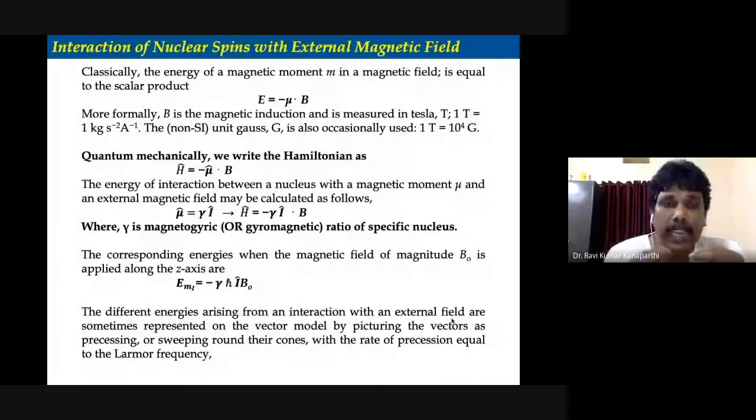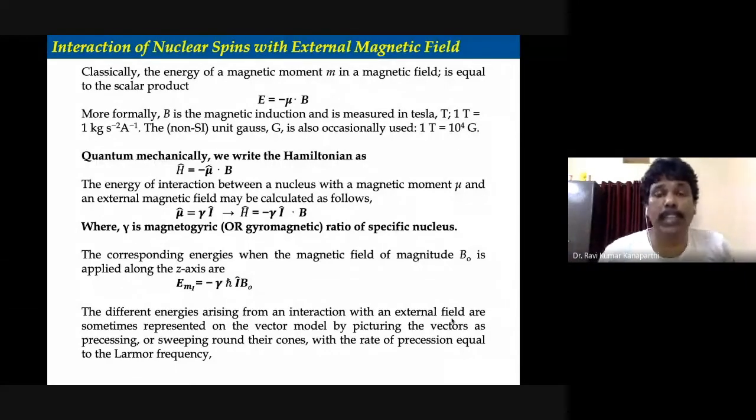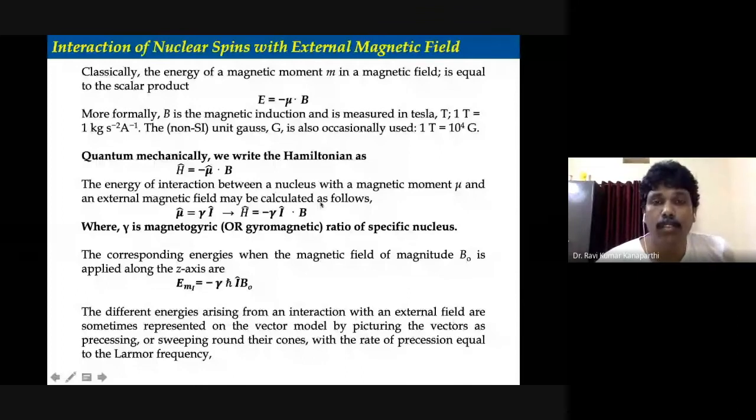If you want to estimate what will happen to its energy when you place it in an external magnetic field, it can be estimated using this formula: E is equal to minus mu multiplied by B.